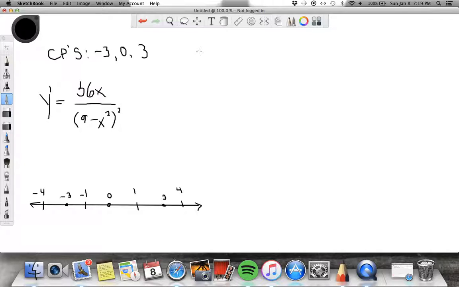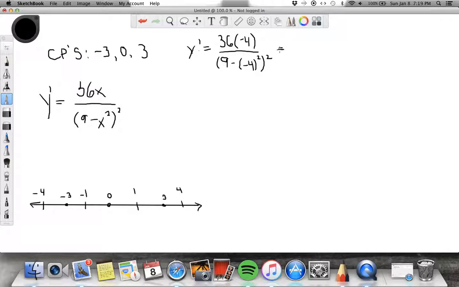We're going to start with the -4. So y prime equals 36 times -4 over 9 minus -4 squared, the quantity squared.